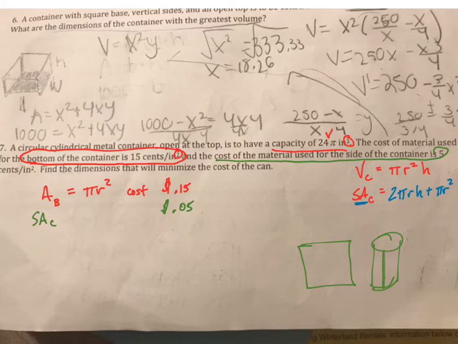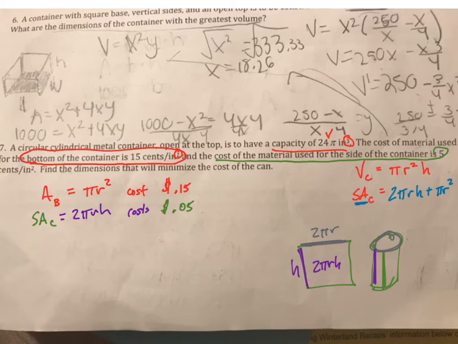If you cut this thing right here and you spread it, there's a rectangle, and that top piece right there is 2 pi r, and this height is h. So 2 pi r times h is your surface area of your cylinder. So 2 pi r h, and that costs 5 cents.